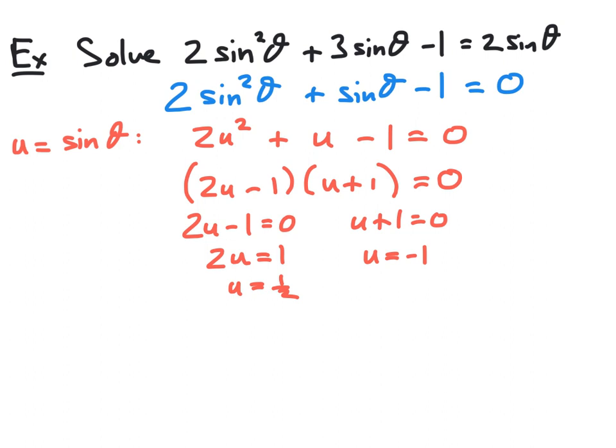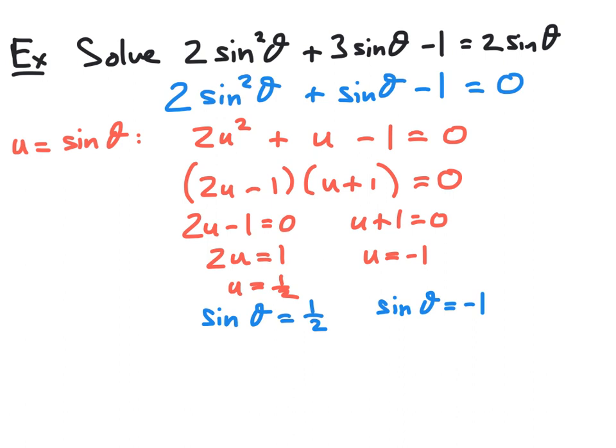Now, we might quickly say that the solutions to our equation are then 1/2 and negative 1, but these would be the values for u, where we want the values of theta. So now, resubstituting, we've boiled this down to sine of theta equals 1/2 and sine of theta equals negative 1. These are each basic trig equations that we can then solve.